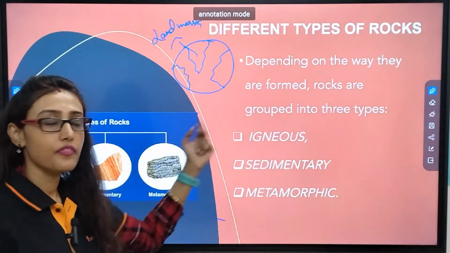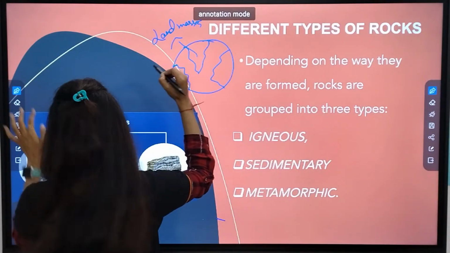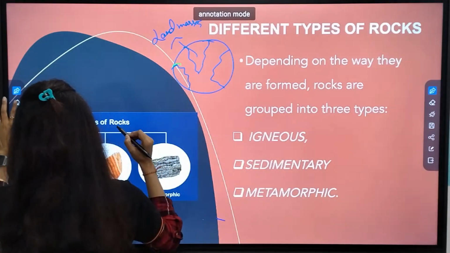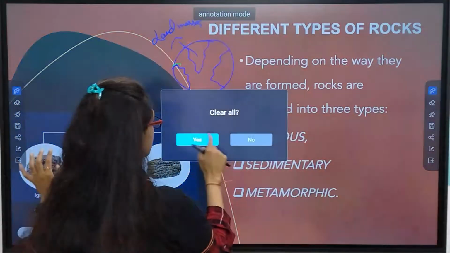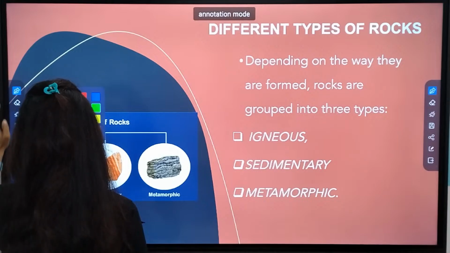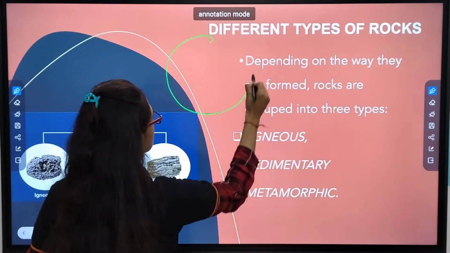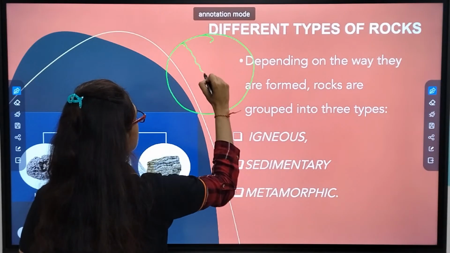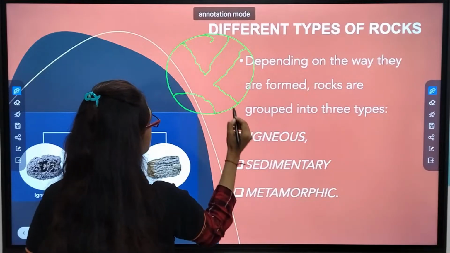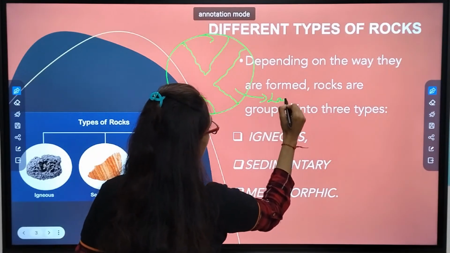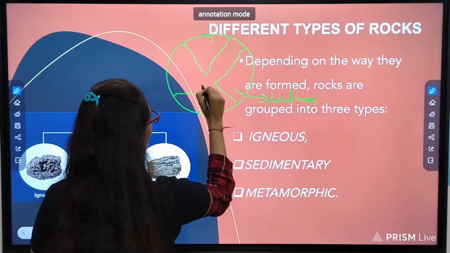Okay, let me draw this again. Suppose this is our earth and this is the land mass, and this is the water portion.